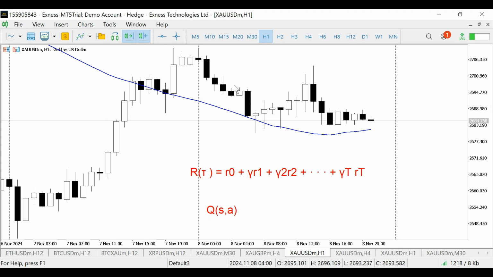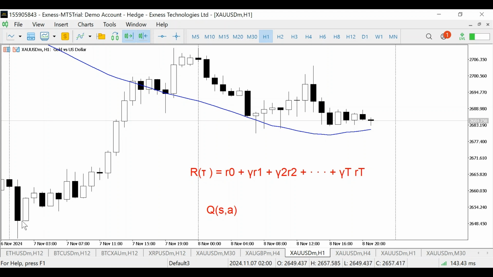This ensures that our reinforcement learning algorithm focuses on those outcomes that give us big rewards in the first few steps instead of waiting. This is useful to us because we also want our trade to be profitable immediately. We don't want our trade to linger on like this, and after that it just hits the stop loss. For that we use the concept of discounting.